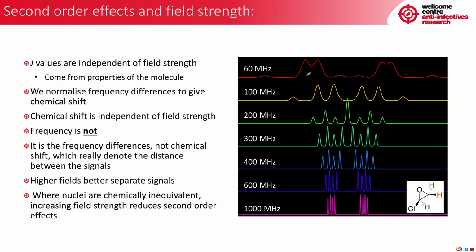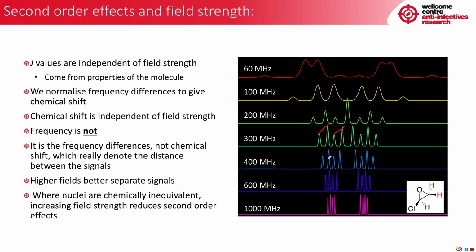As we go to 100 megahertz, it changes a little bit. It's narrower, sharper. It's still ultimately second order in nature. When we get to 200, we're starting to see a shape kind of like we saw for the fluorine before, and it's a bit more distinct and a lot narrower. And then by the time we get to 300, we're seeing quite distinct roofing doublets.